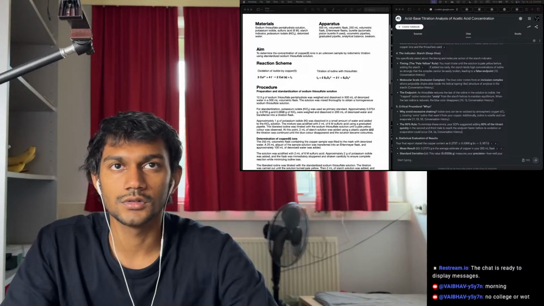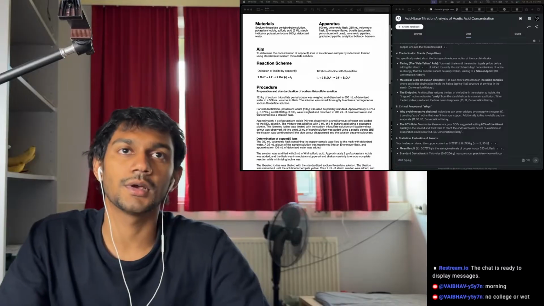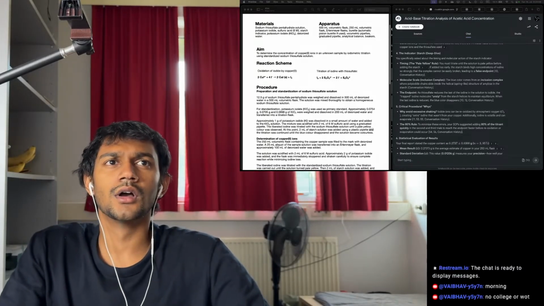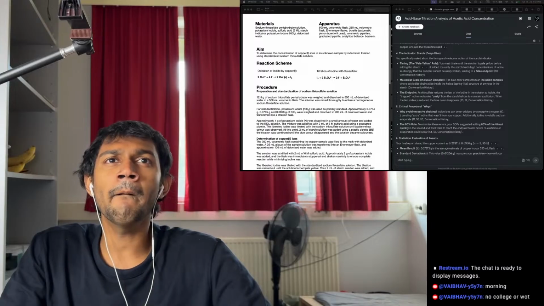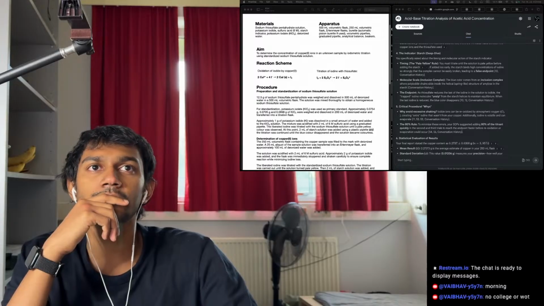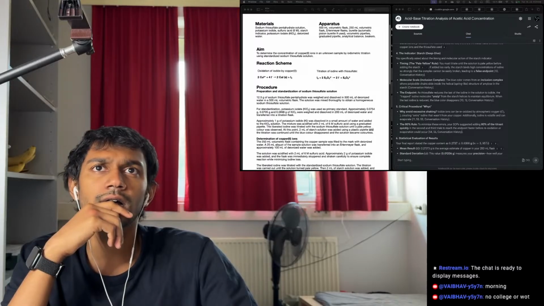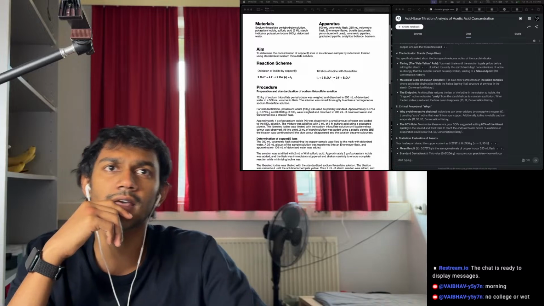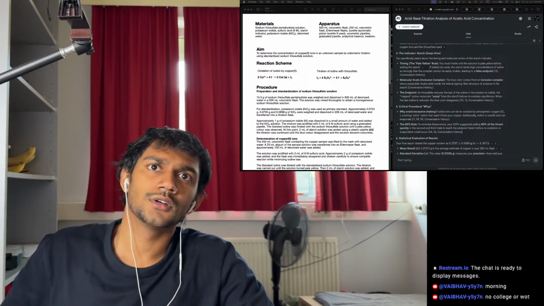You titrated the liberated I2 with your standardized thiosulfate. The thiosulfate reduces iodine back to iodide ions. So you add potassium iodide to your copper sample. The copper oxidizes the iodide anion to produce molecular iodine and off-white precipitate copper iodide.